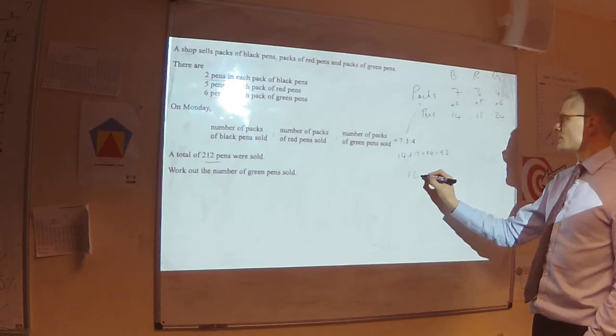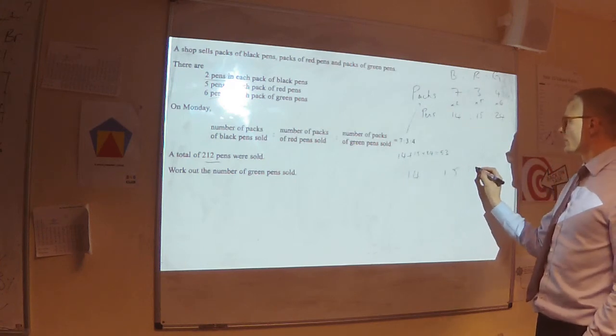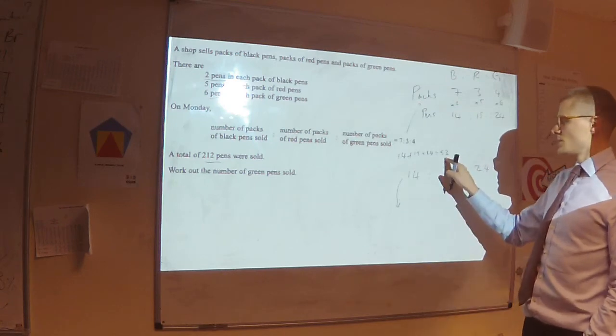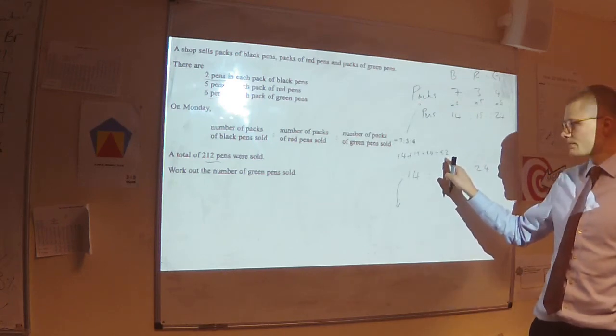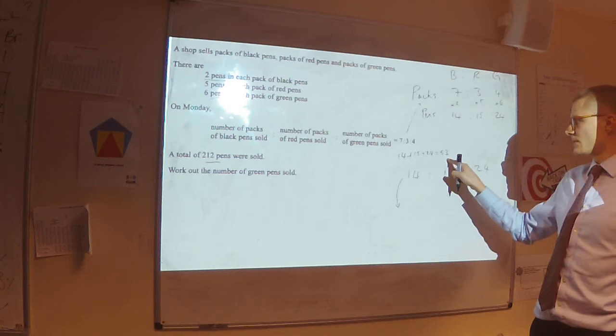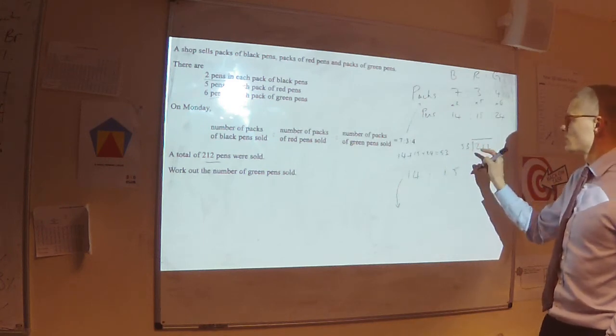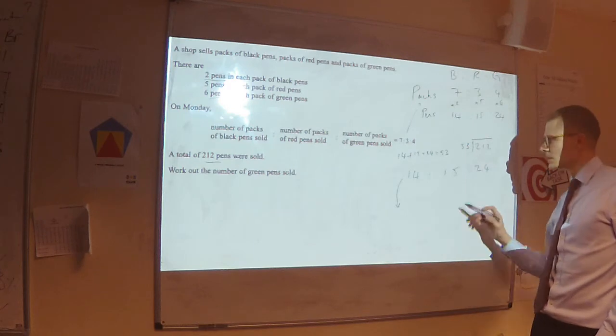So if I've got this ratio, 14 to 15 to 24, I want to think what I can do to this ratio. So my total is 212. The total is currently 53, so let's find out what I need to do. How many 53s will go into 212?